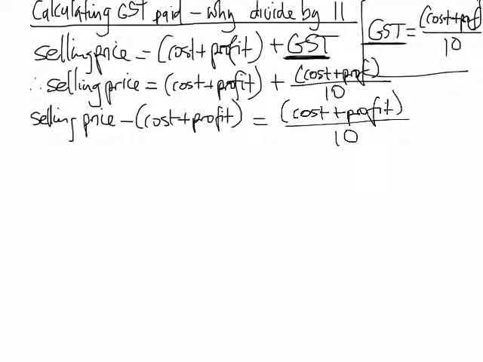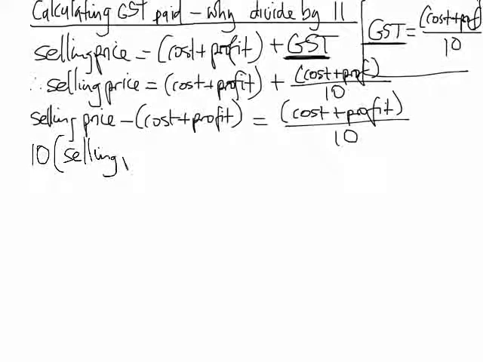Alright, 10 is dividing this whole side. We want to get rid of that from this side, so what's 10 going to do? What is the opposite of dividing something by 10? We're going to times by 10. So this left side is going to be selling price minus cost plus profit all times by 10.